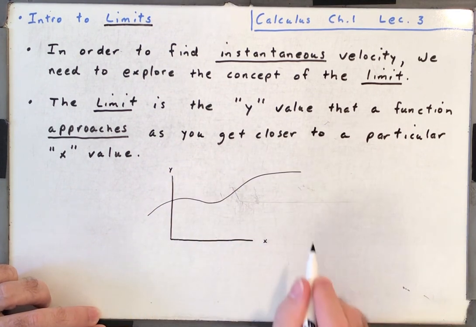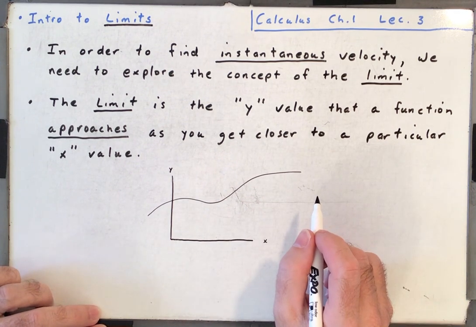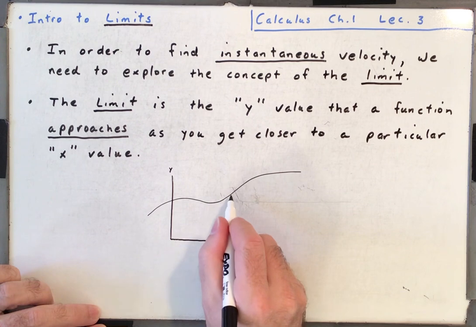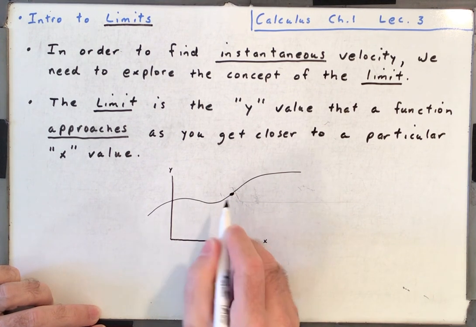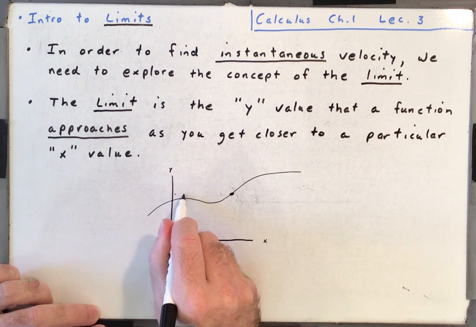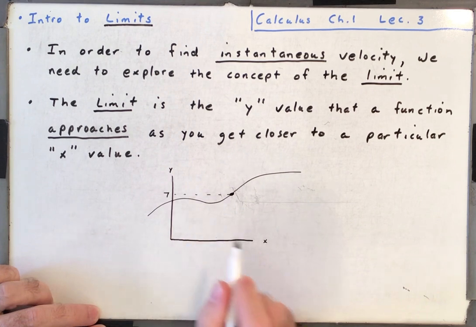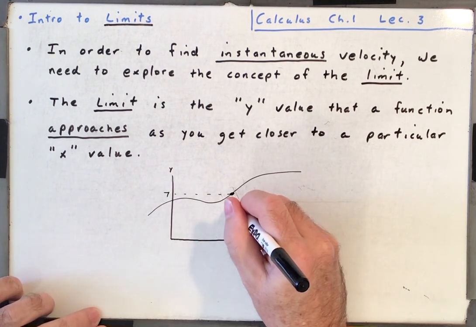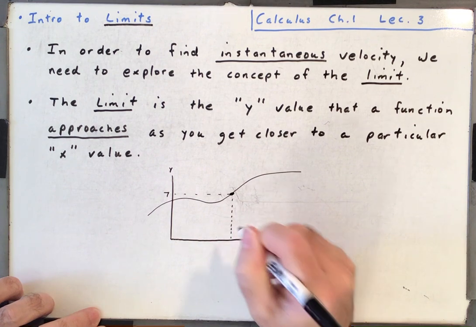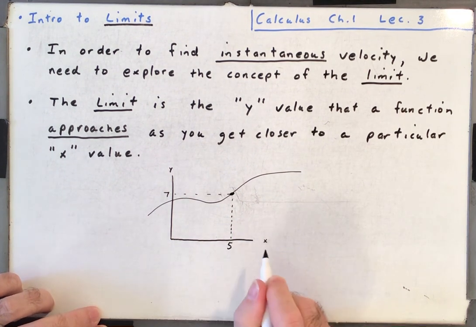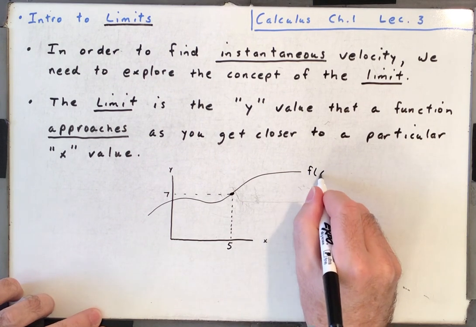It's this nice curvy function. Let's say that point on the function, the y value is 7, and the x value is 5. We'll call this function f of x.